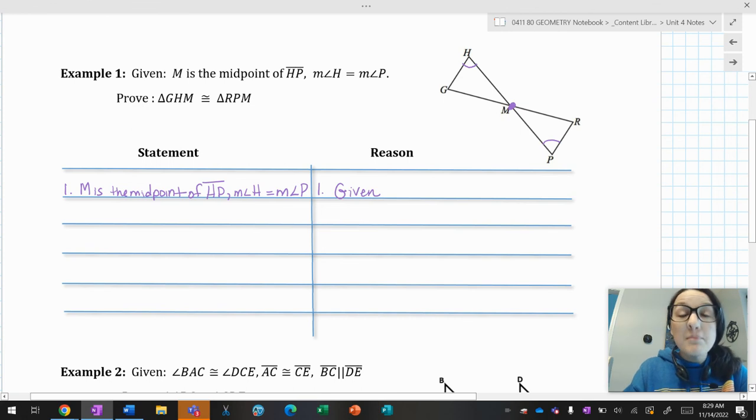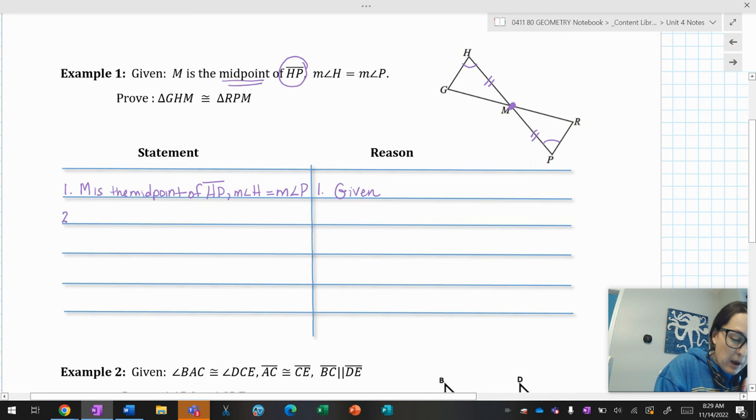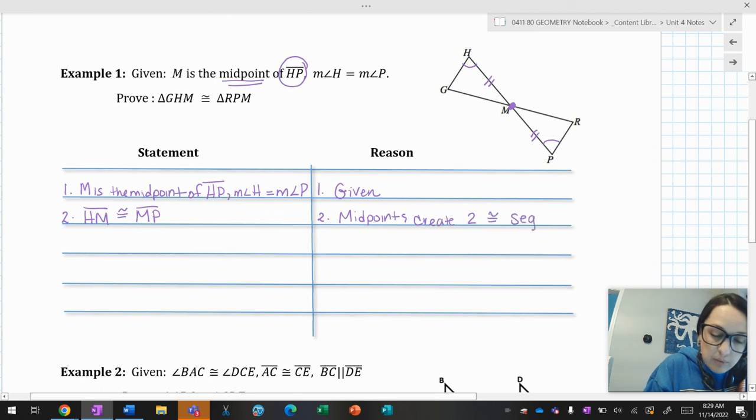Now I'm going to look in my givens to see if I can find any congruent things. Well, this word midpoint tells me that HP gets cut in half. So if HP gets cut in half, I know that HM is congruent to MP, because midpoints create two congruent segments.